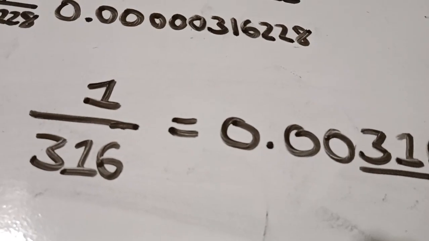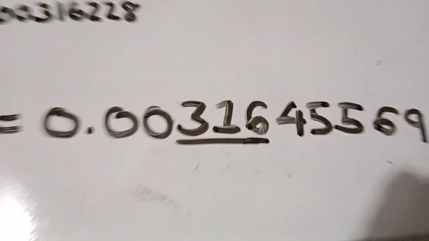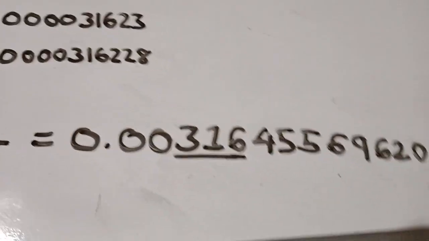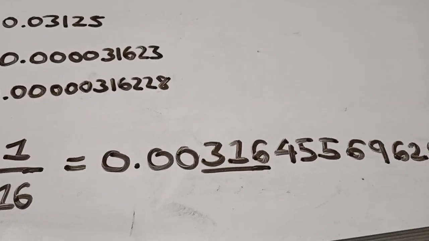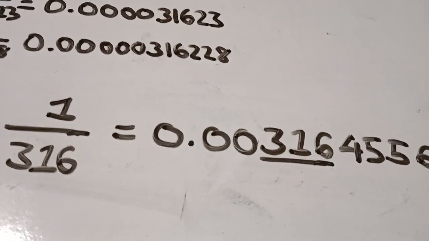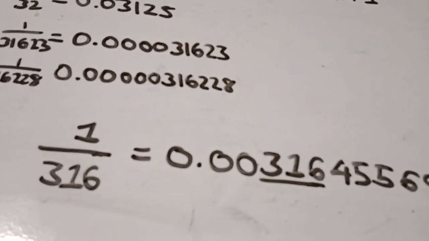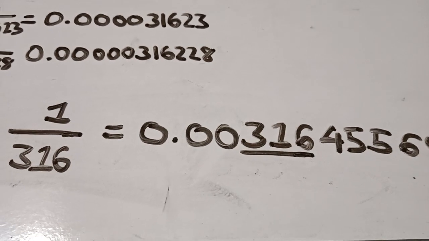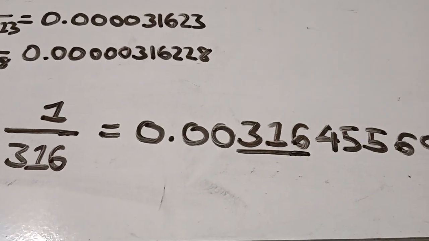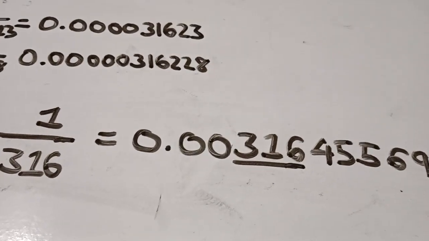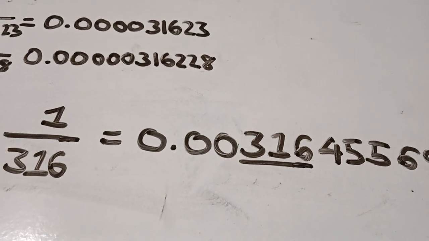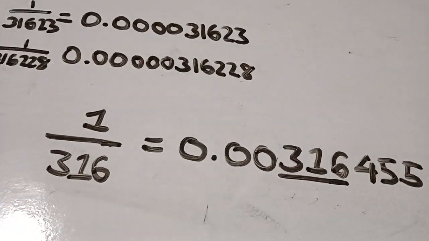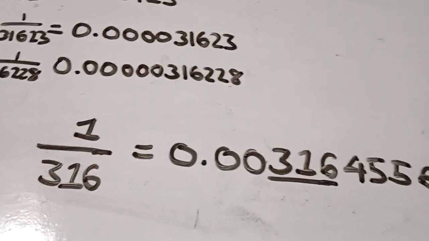So 316 here contains its reciprocal at the start, same as 3162, but I don't know what 1 divided by 317 is. 1 divided by 317 actually starts with 0.00315 blah blah and ends somewhere at 47. I don't know the full number, but I'll send it in the description.